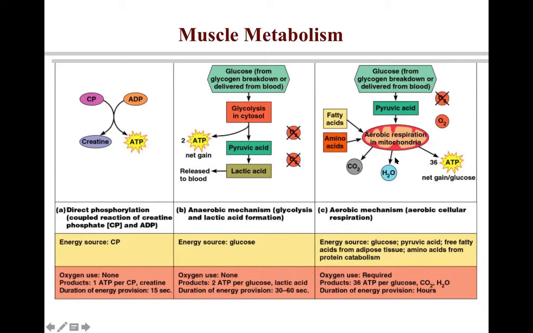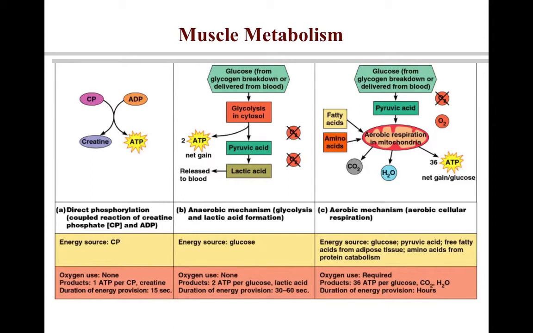So this process, which is aerobic respiration, which requires oxygen, is the main source of energy for muscles for all of our activities, okay? So we require this aerobic mechanism to start once the anaerobic mechanism has stopped.